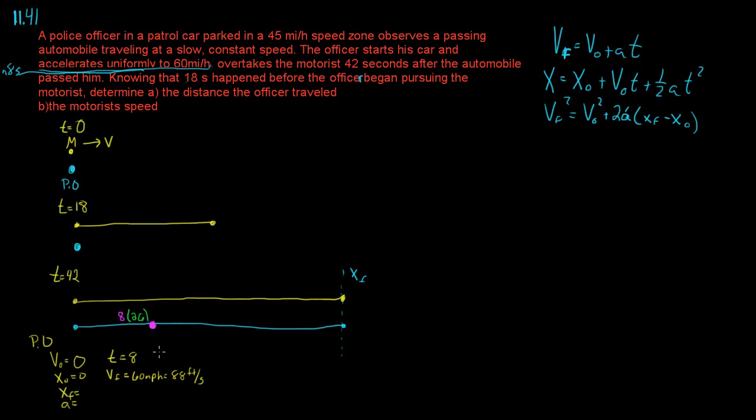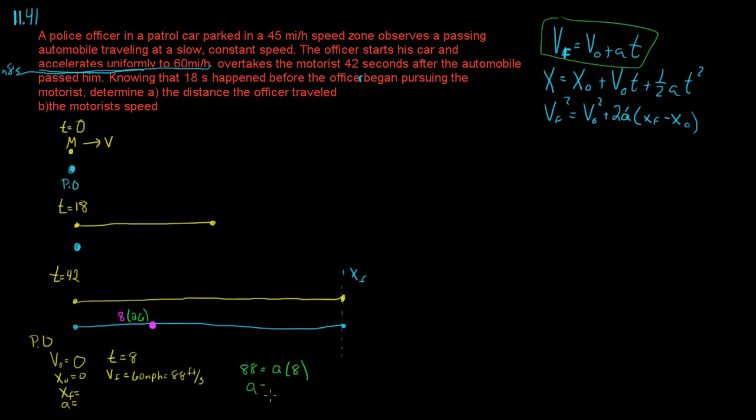So if we're looking at how to figure out his acceleration, we have to look at what we have and how it compares to these equations. We have a final velocity, an initial velocity, and a time. If you go through the equations, this is the one you're going to end up using. So we have a final velocity of 88 feet per second, an initial velocity of 0, an acceleration which is unknown, and a time of 8 seconds.